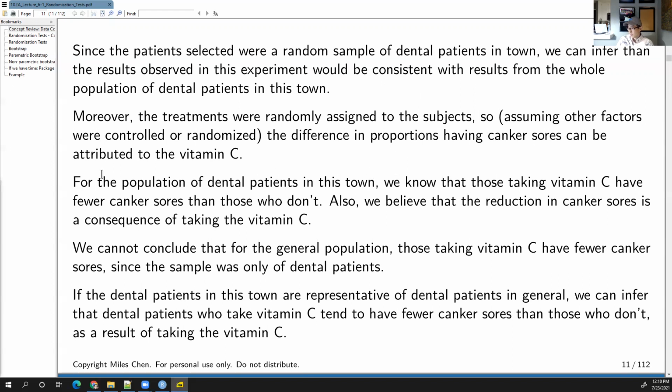So for the population of dental patients in the town, we know that those taking vitamin C have fewer canker sores than those who don't. And we believe that the reduction is a consequence of taking the vitamin C, okay? And if the dental patients of this town are representative of dental patients in general, we can infer the dental patients who take vitamin C tend to have fewer canker sores than those who don't, okay?